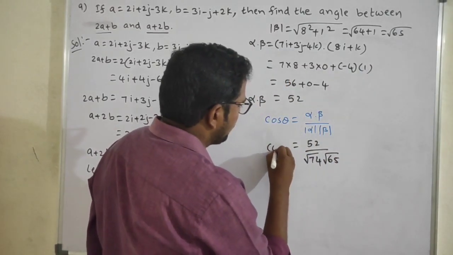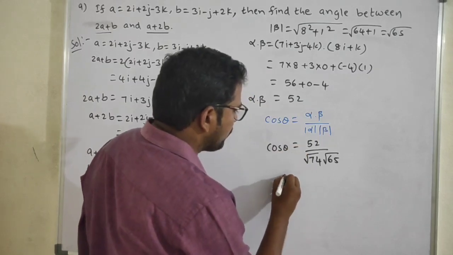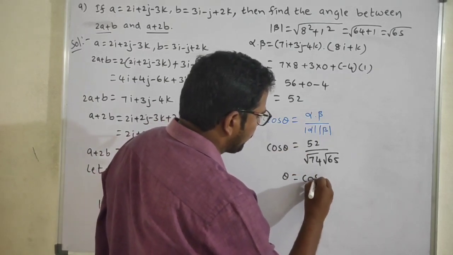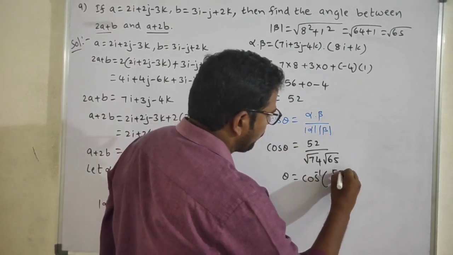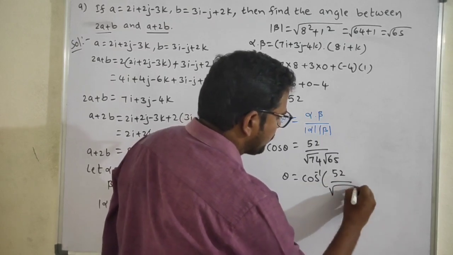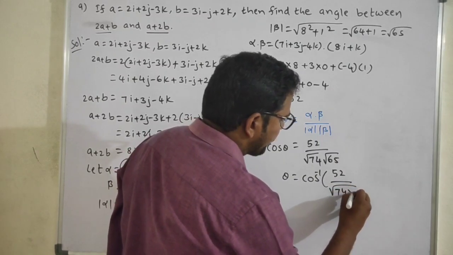So theta is equal to cos inverse of 52 by under root of 74 into 65.